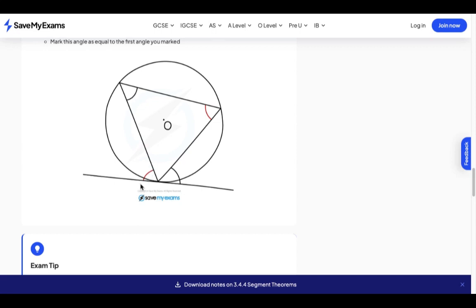Then the exterior angle on the left will be equal to the far interior angle on the right. So this is the alternate segment theory.